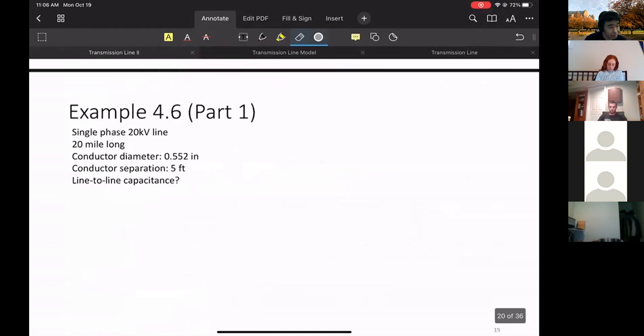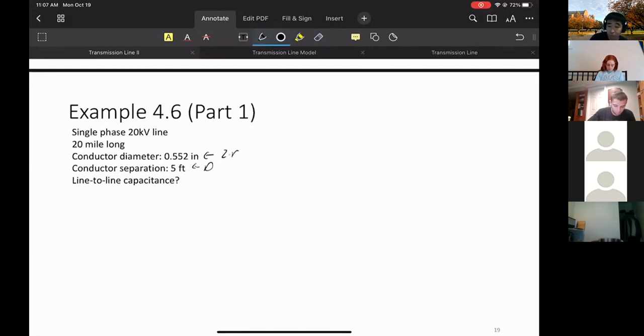Okay, so let's do one example. Let's do some exercise, so put some numbers into this. Let's say I have a 240 kV line, 20 miles long. And the conductor diameter, so this is 2 times R, right?